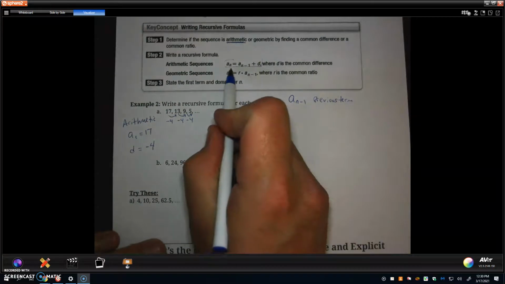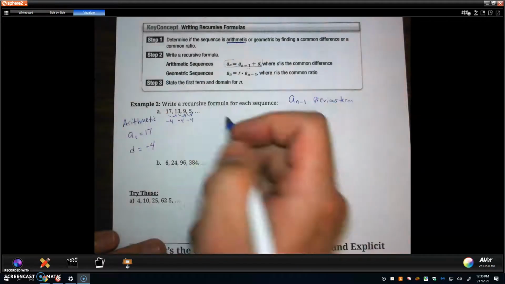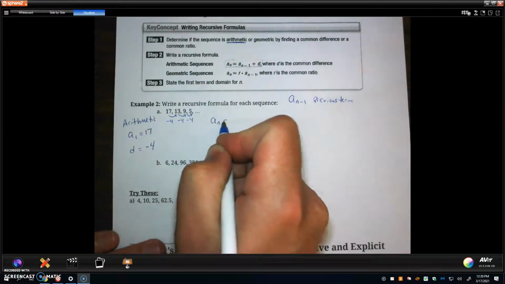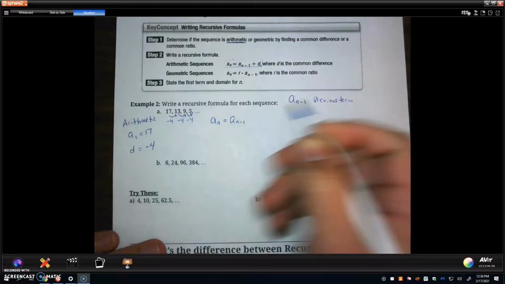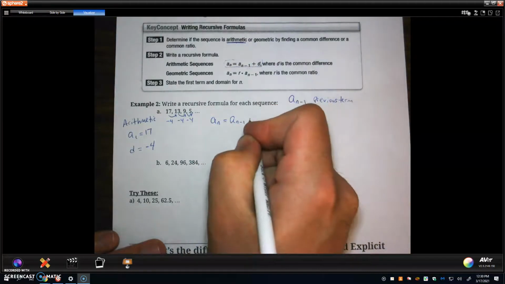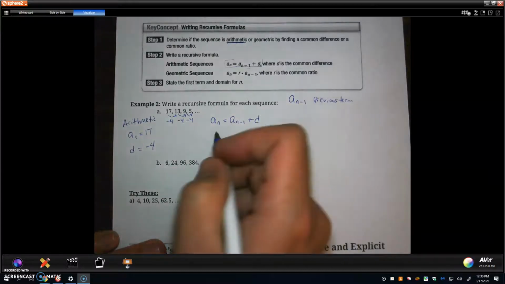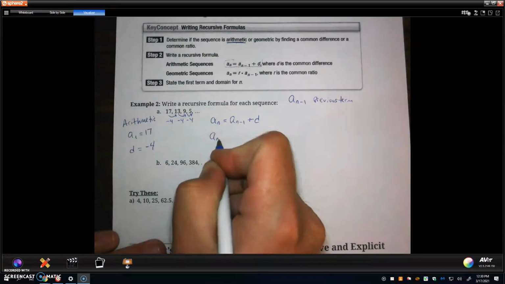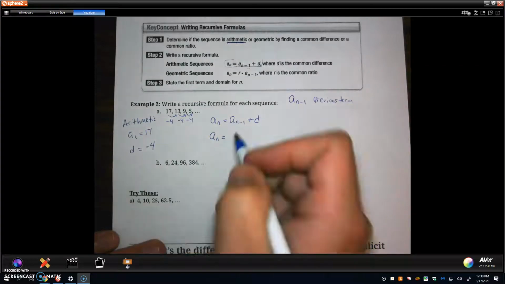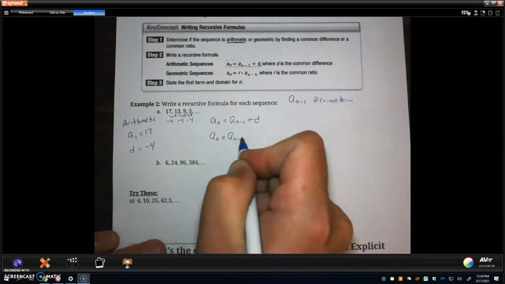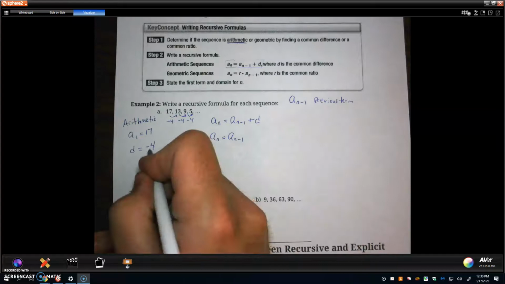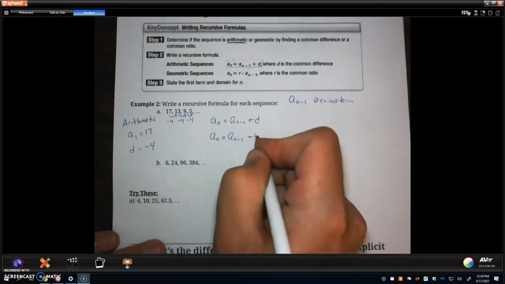We're going to take the recursive formula up here for arithmetic. It says to do a sub n equals a sub n minus 1, which is the previous term, and to add your common difference. So if I'm going to substitute, I really only have to substitute for the common difference. So I have a sub n. So to find any term, you take the previous term, and instead of adding a negative 4, we'll just say you subtract 4.